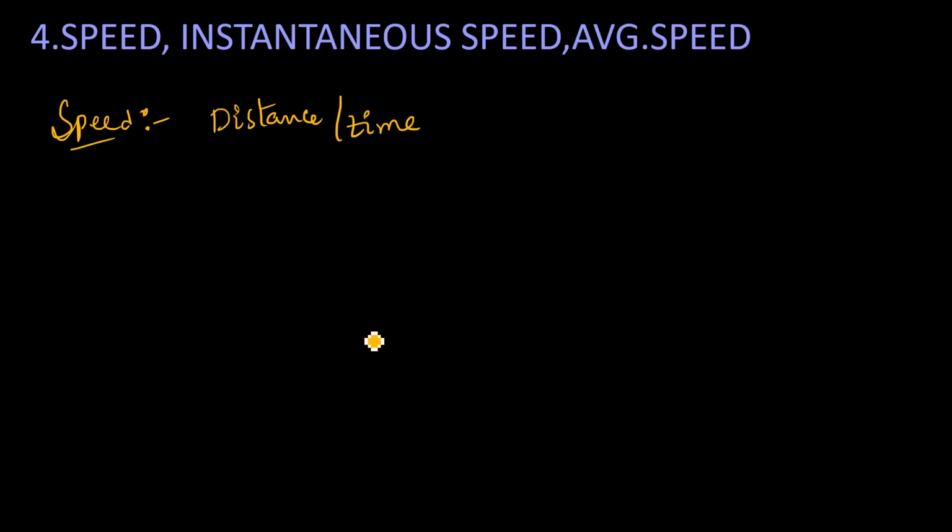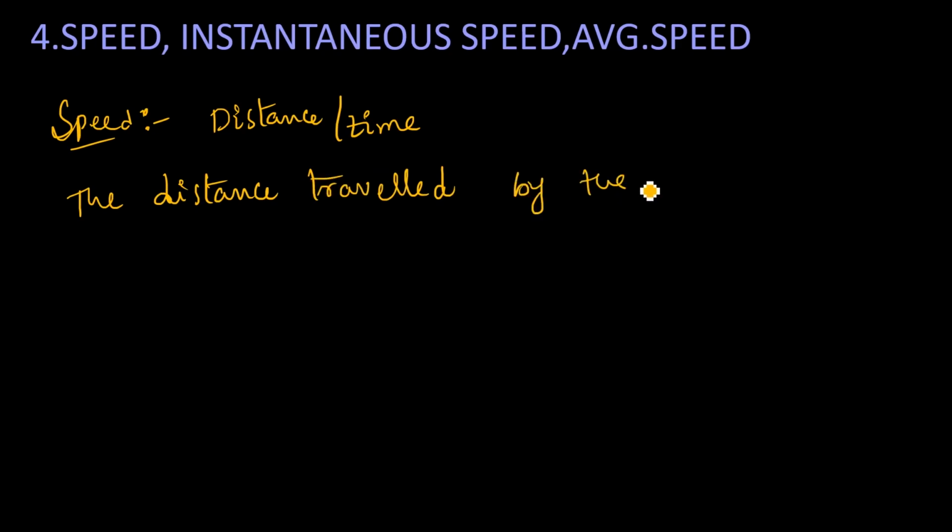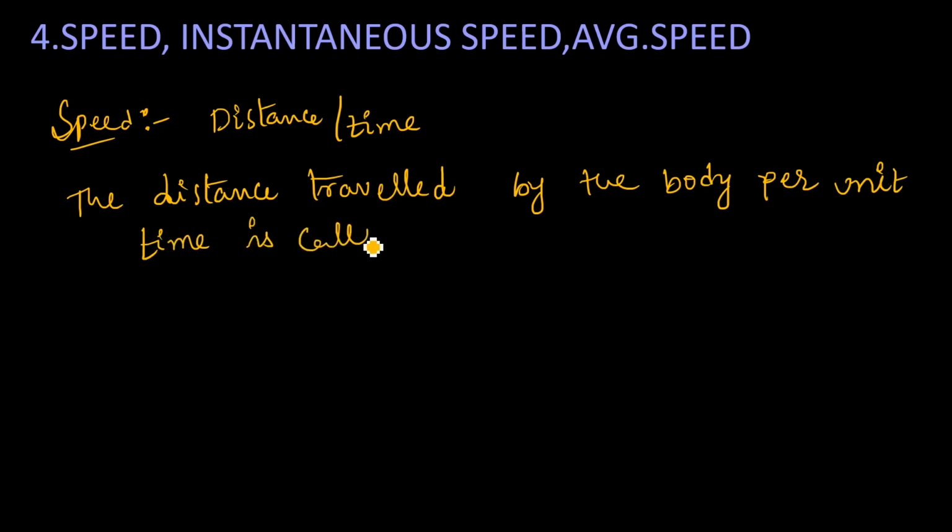The distance traveled by the body per unit time is called speed. This is the first point.